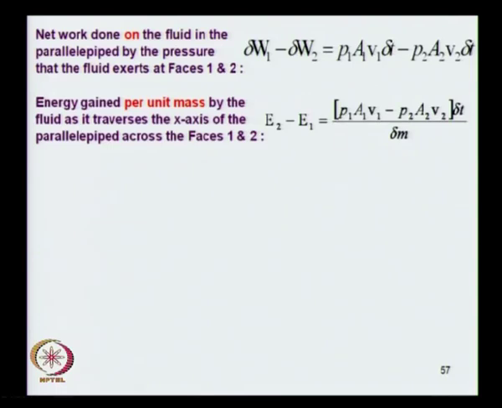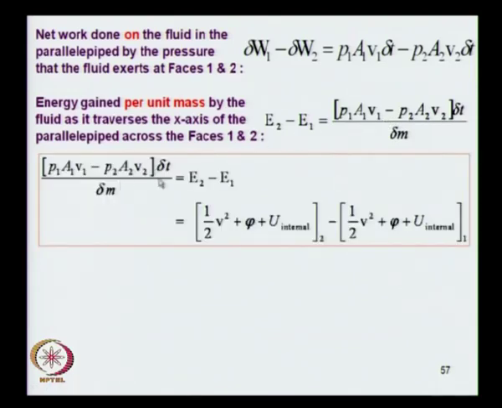So it will manifest as the energy gained per unit mass by the fluid as it traverses that particular distance. So that energy gained is E2 minus E1, and that will be this difference divided by delta m, which is the energy per unit mass.